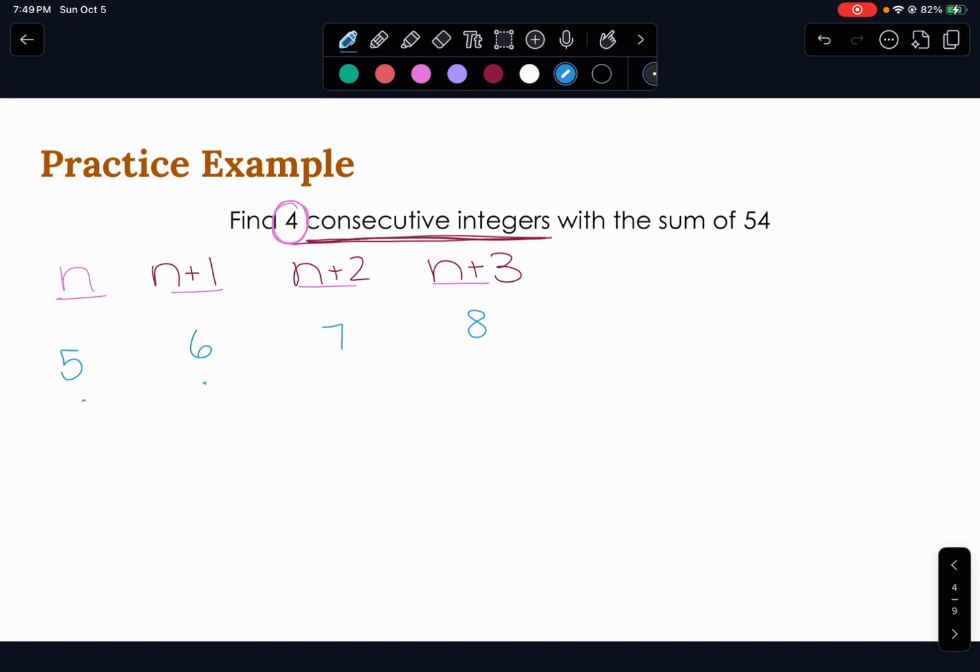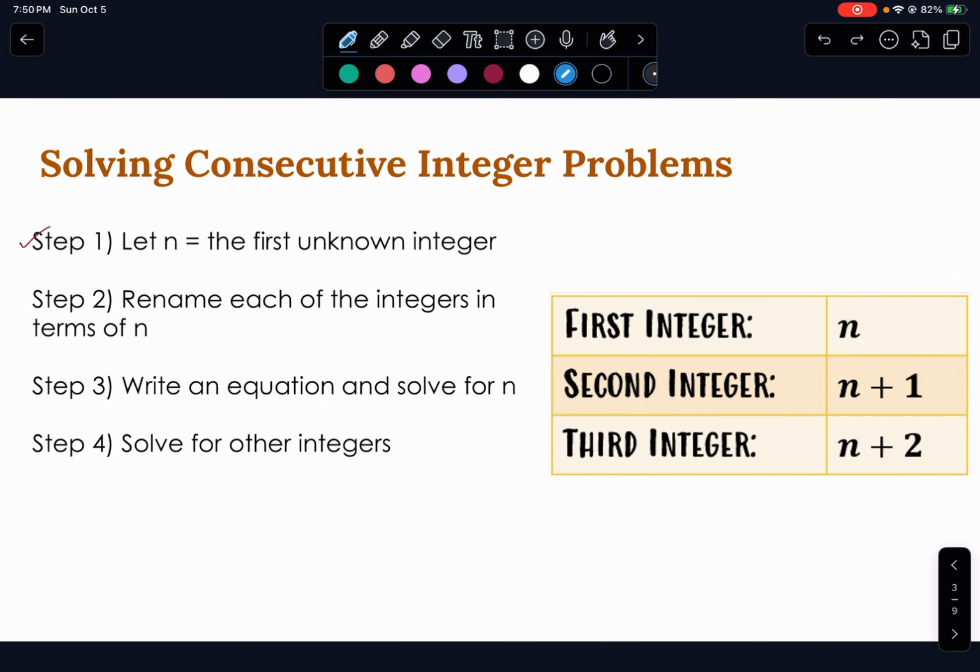And we can see these are consecutive integers. That would have worked for any number I pick. So we're just renaming these integers in terms of n. If we have a starting number of n, then if we add 1, we're going to have one more number. If we added 2, we would be 2 away, and so on and so forth. So that is now step 2 done. We've renamed each of the integers in terms of n.